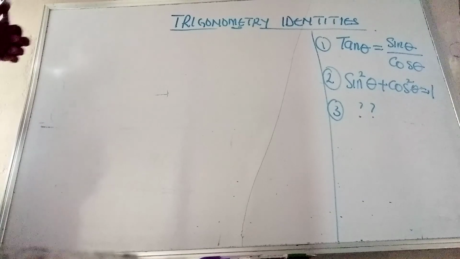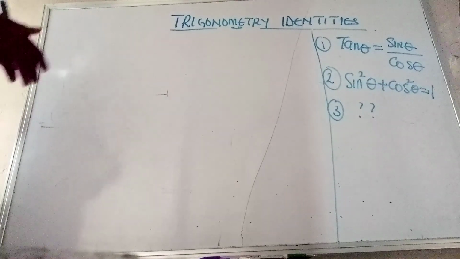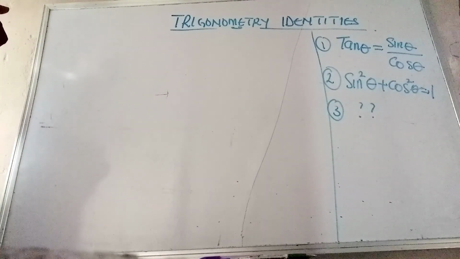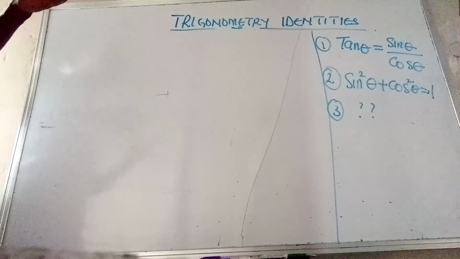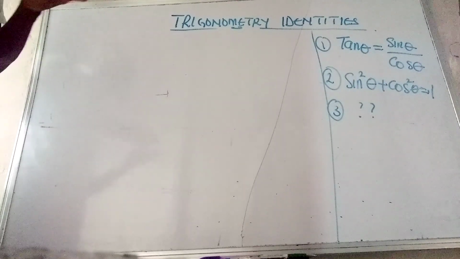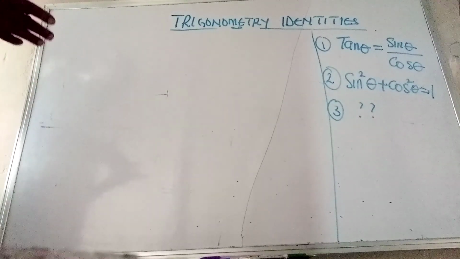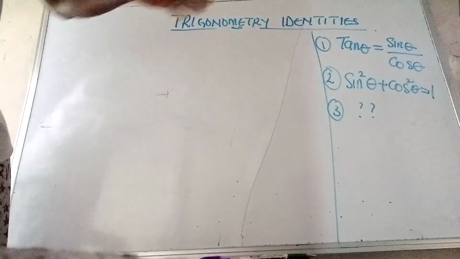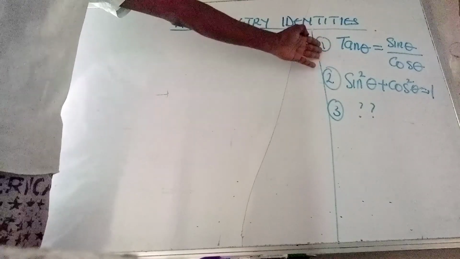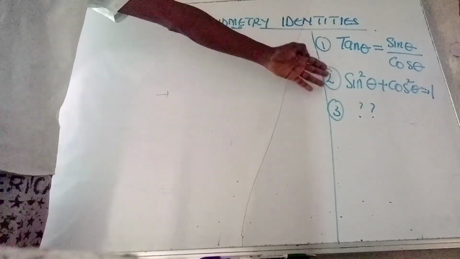If you have been following me, the last episode stopped at proof of trigonometric identities, where I was able to prove two identities which are already on the board, 1 and 2.